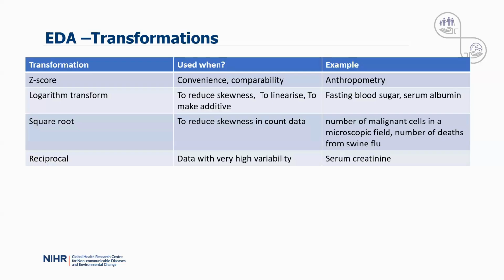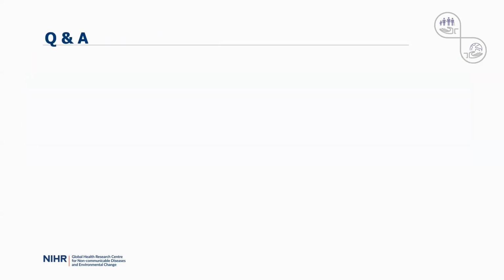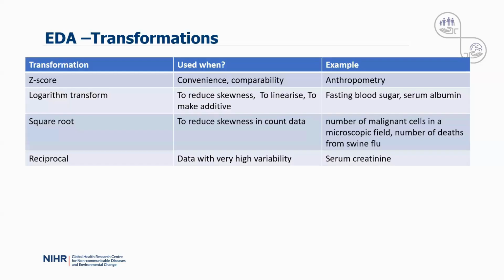Serum creatinine is a good example. You have units where the range is so wide that you may have individuals with very small or very high values naturally occurring. And by taking the reciprocal, you can apply your models and your tests. So that's it with the assumptions.